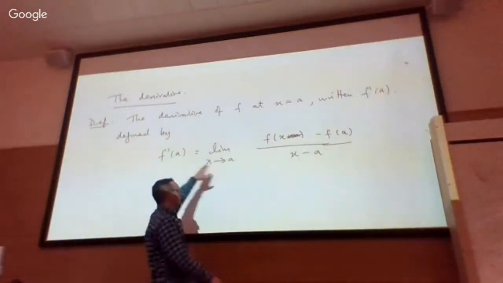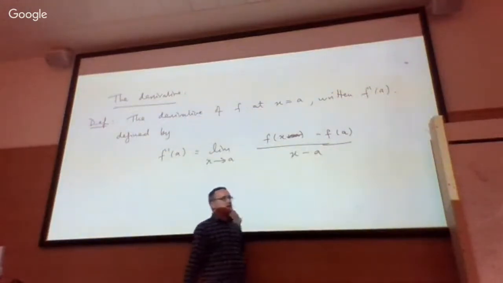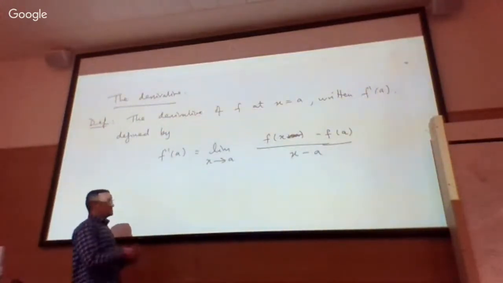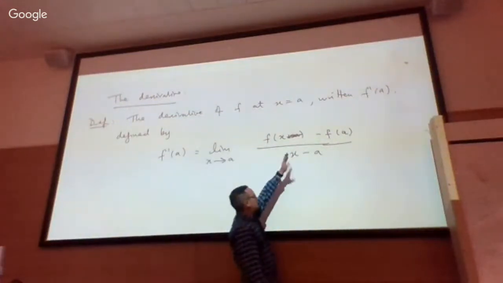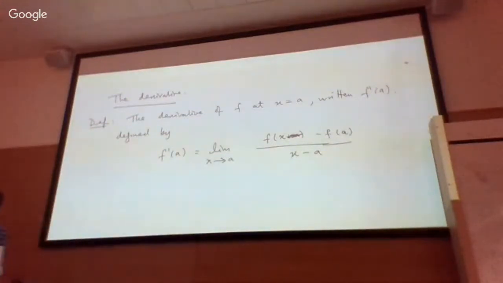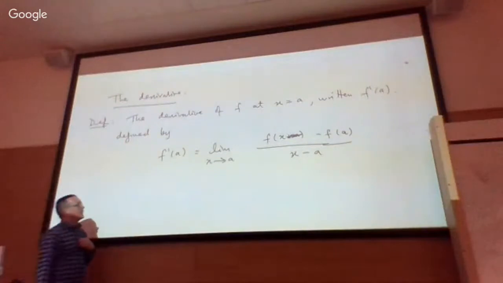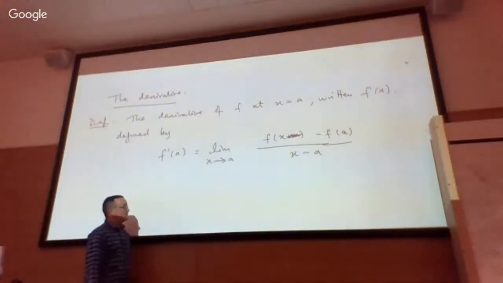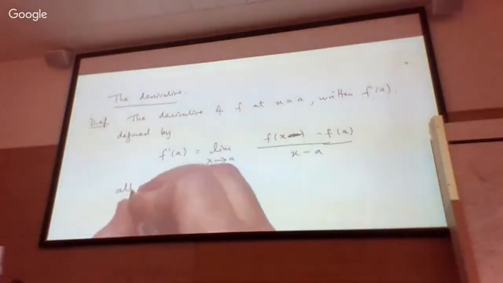If x is very far from a, we might expect the value of f of x to change a lot from f of a, even though the function f might really be slowly changing. So the difference in values needs to be judged relative to the difference in arguments. That's what we call the relative change in value of function f between the points x and a. We think of a as our fixed point. That's what we're going to measure the derivative at, and we take the limit as x approaches a of that quotient.